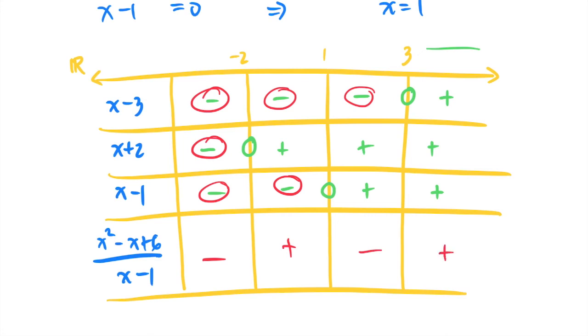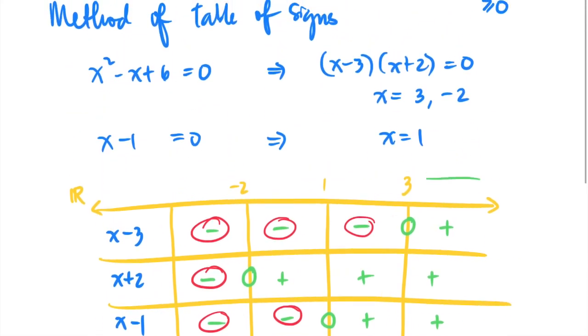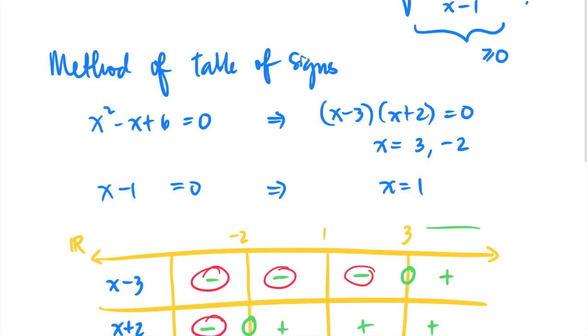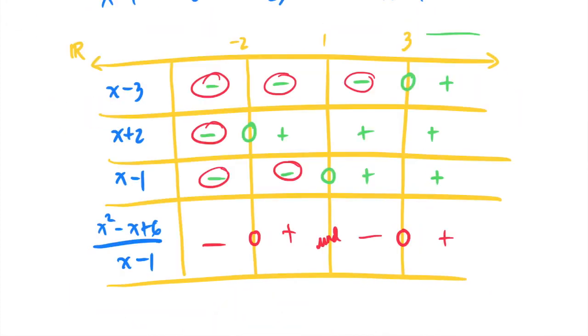We also see that at x equals 1, this becomes undefined. Meanwhile, for x equals negative 2 and x equals 3, this becomes 0. Going back to our original goal, we need to look for the intervals at which this is greater than or equal to 0. Therefore, those intervals would be from negative 2 up to 1.